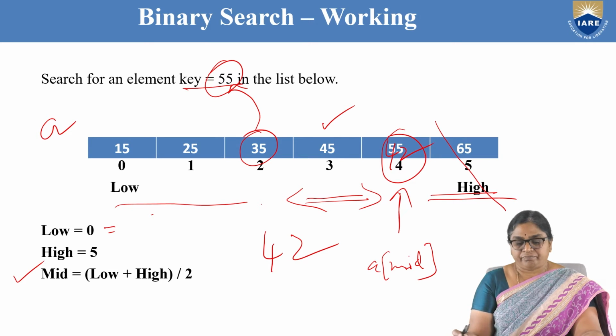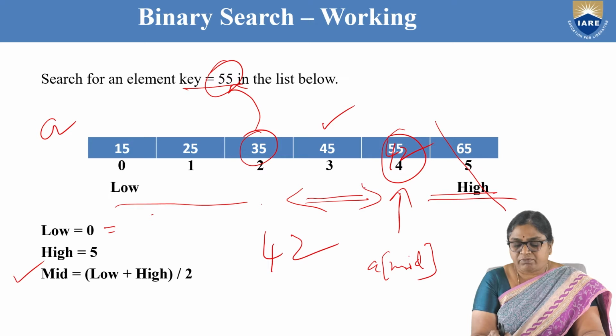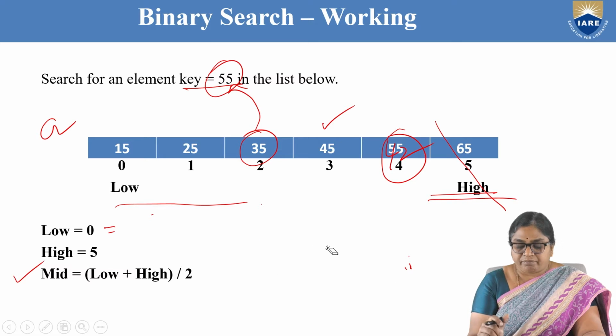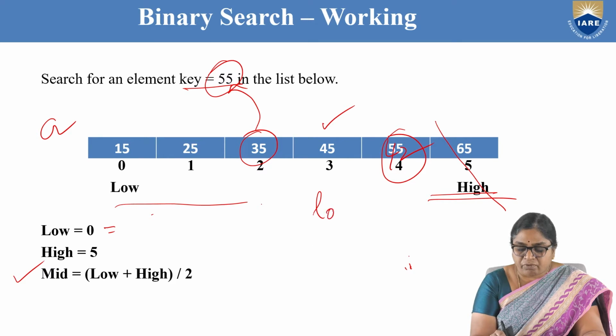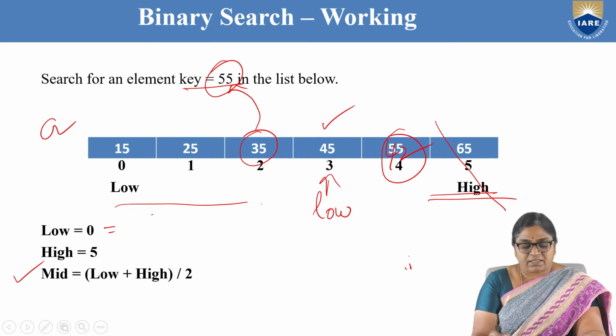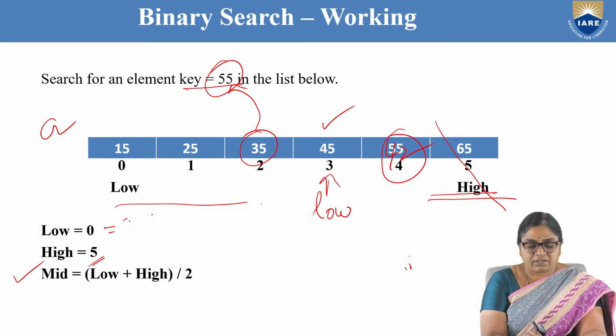Okay. Now is 42 greater than 55? No. So now 42 is less than the middle element. So we have to adjust these values. Previously this is low and this is high. This time what we will do? We will change the high value, not the low value.